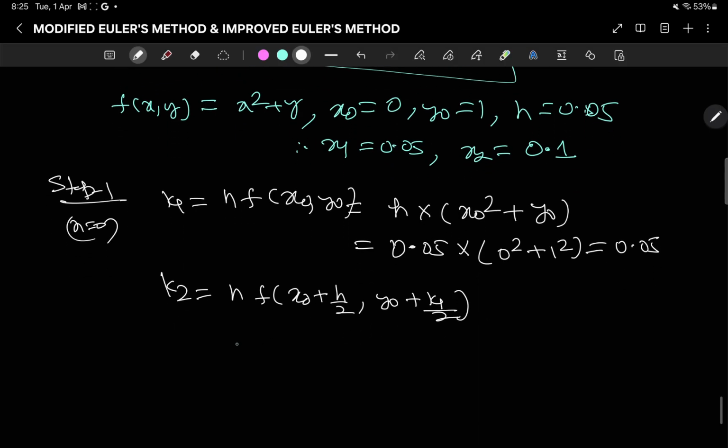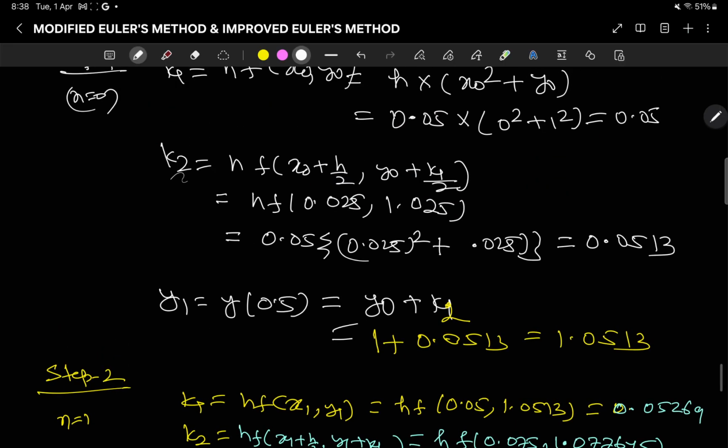If you simplify it, it will be 0.0513. So for k2 the detailed calculation gives 0.0513. Now as you know, y(0.05) is y0 plus k2, so this much.